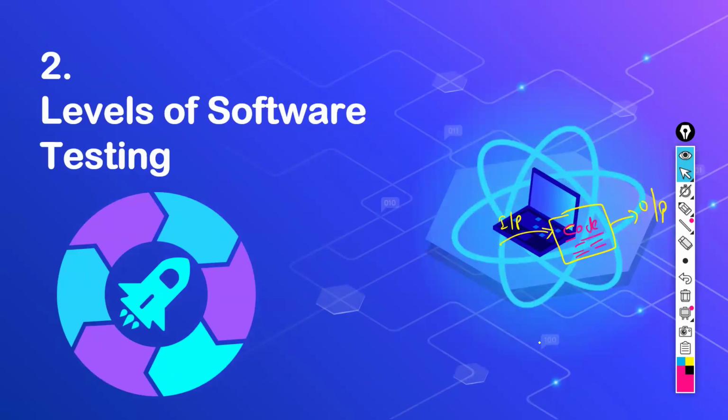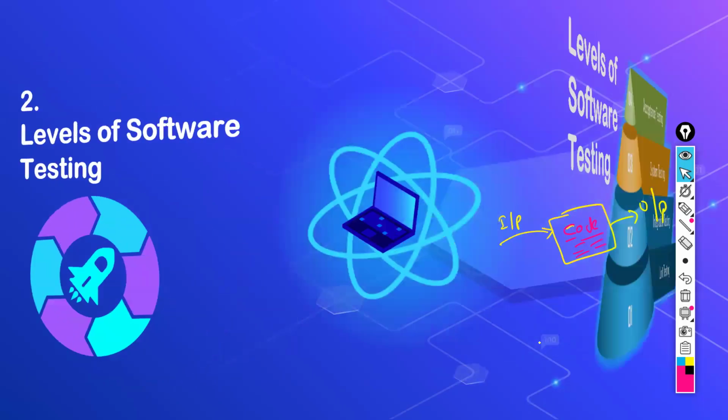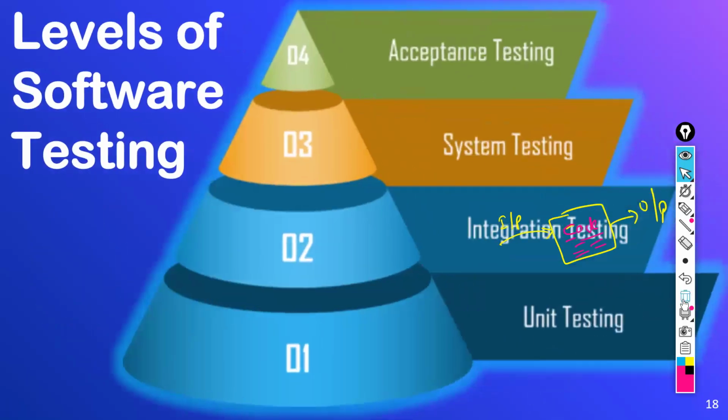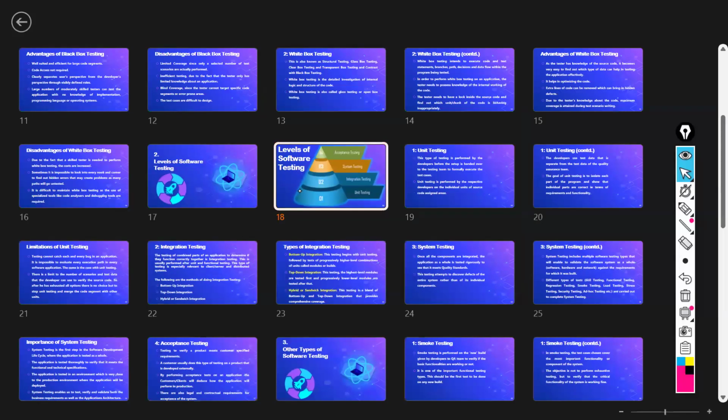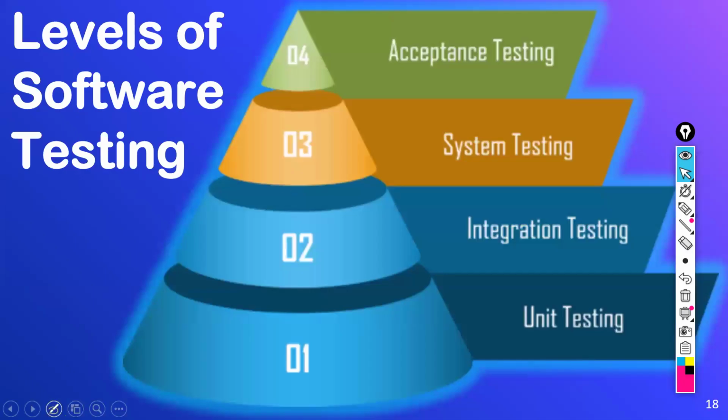Now we have levels. I told you that we have these four as the levels, and these all will go in the same sequence. Yes, these are also part of the types of testing, but when we are treating these as levels, you don't change the order.